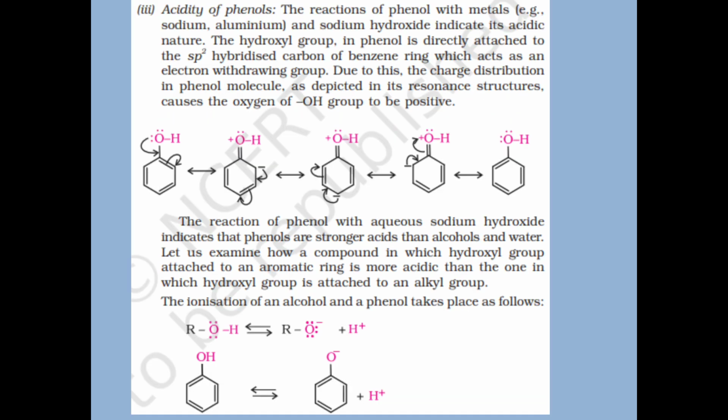Acidity of phenol can be explained due to the resonance structures of phenol. The resonance structures of phenol show that a positive charge is created on the oxygen atom, which exerts a force to release the OH hydrogen easily to attain the stability of its conjugate base.